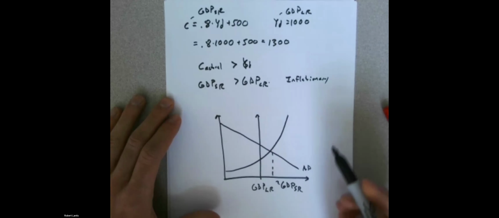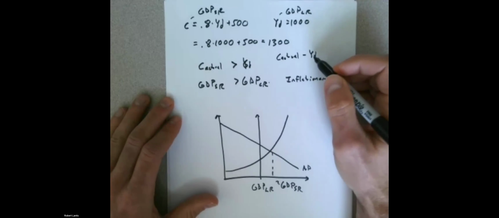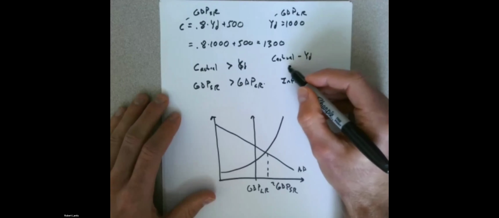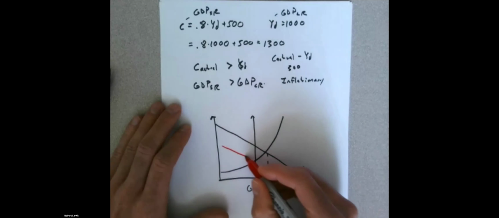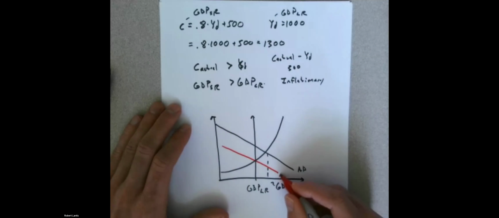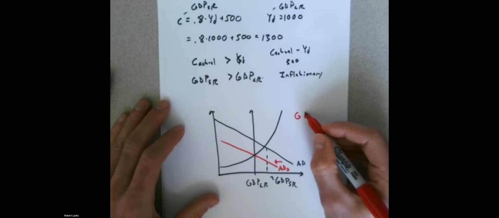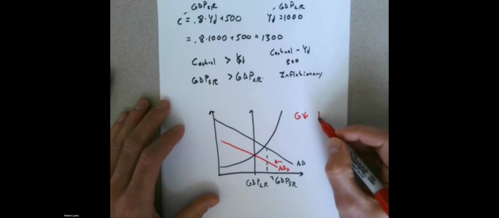Short-run GDP minus potential long-run GDP, it's actually 300 too high. So what do we want to do? We want to actually decrease that aggregate demand curve by 300 units. So we either need to decrease government spending or increase taxes.